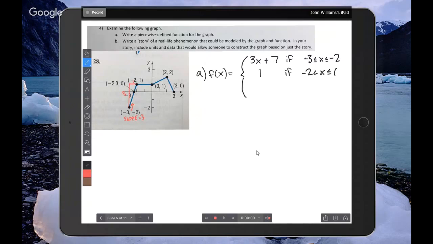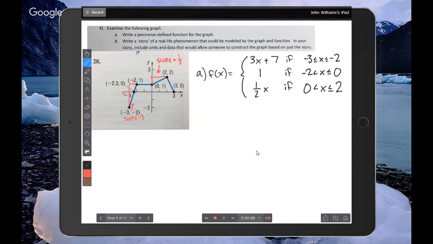And up 1 over 2. So this section, I go up 1 over 2, slope equals 1/2. 1/2 x if in 0 and 2.